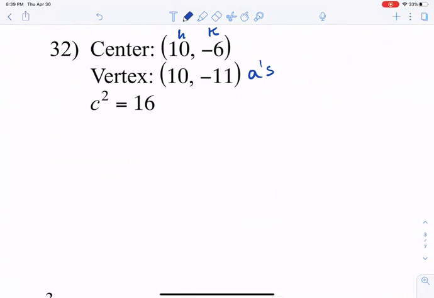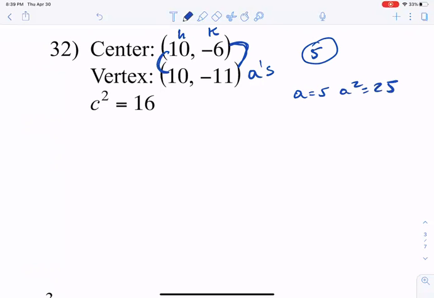They give me c squared, so this is pretty easy to tell. What's the vertex? Well, the distance from the center to one vertex is the value of A. So this is fixed, as you can see. Then the only thing changing is these two. So what is the distance from -6 to -11? That's 5. Agree? So then I know that A equals 5, so A squared equals 25.